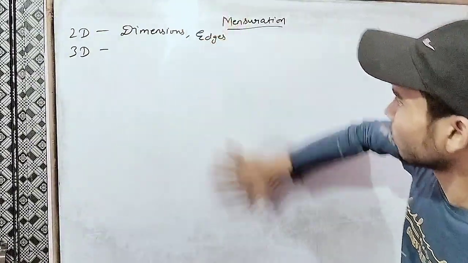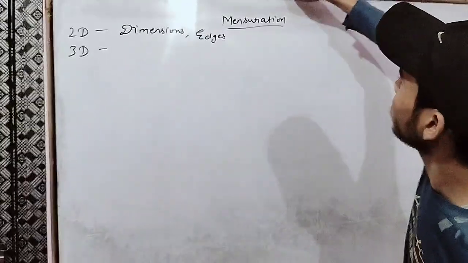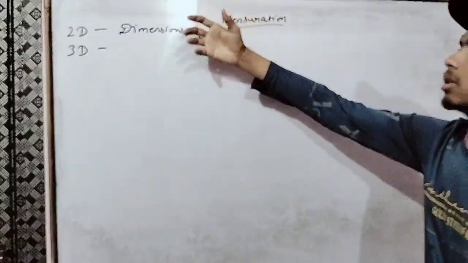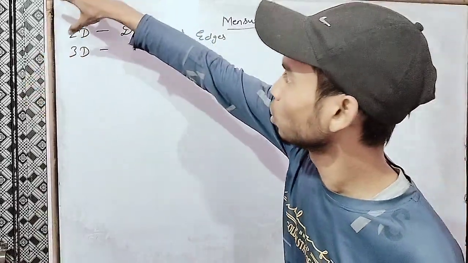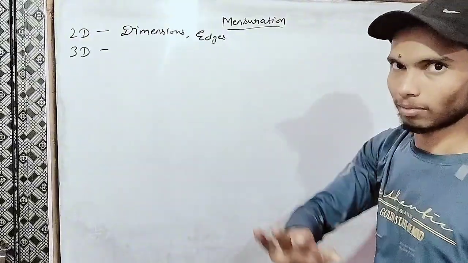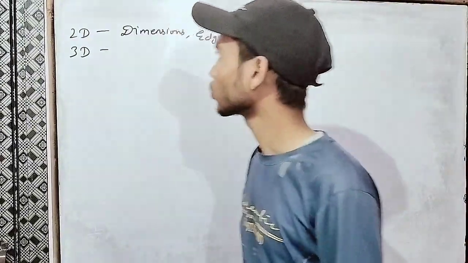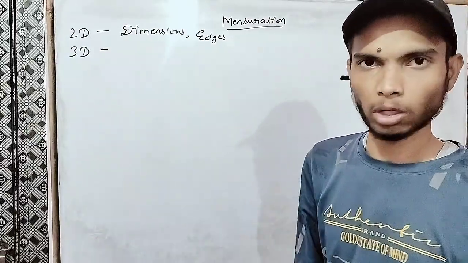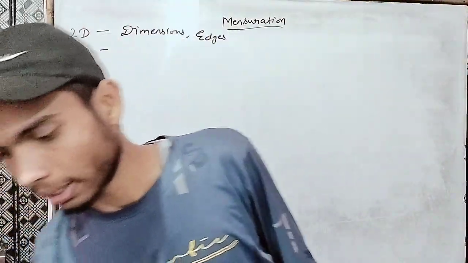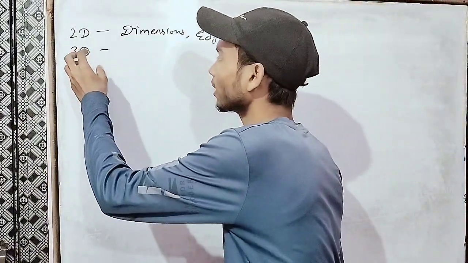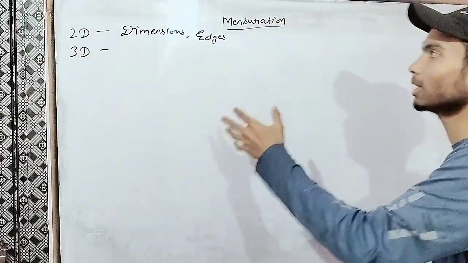This is an edge, this is an edge, this is an edge, and this is an edge. So you are able to see the edges of this 2D object. All edges of a 2D object will be visible, and you will be able to identify them.